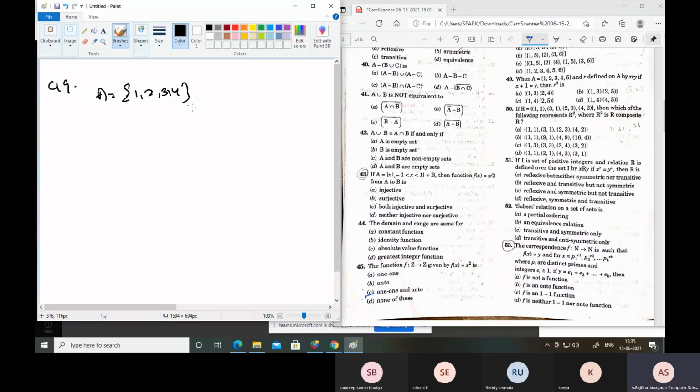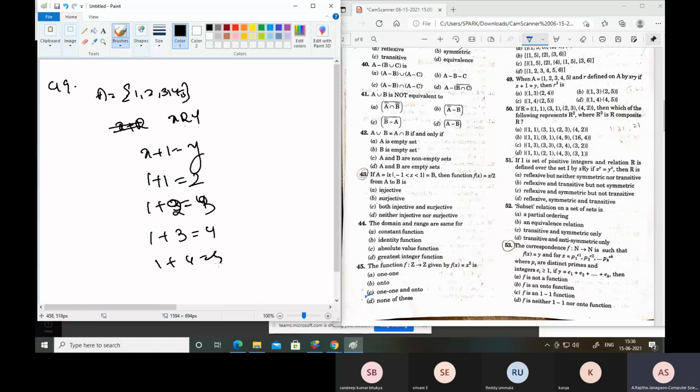A equal to 1, 2, 3, 4 and 5. Here x relates to y. So the relation is like this, x plus 1 equal to y. That means 1 plus 1 equal to 2, 1 plus 2 equal to 3, 1 plus 3 equal to 4, 1 plus 4 equal to 5.